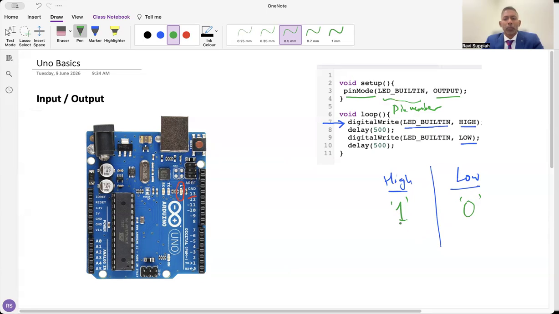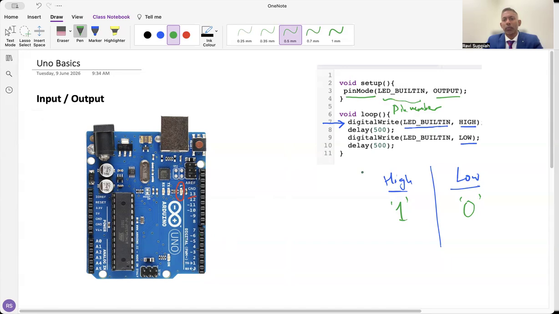When we say that we are driving a pin high, that means effectively a voltage will appear. If I connect a multimeter to that pin, I will measure a voltage. Exactly what the voltage is depends on the operating voltage of the microcontroller you are using. For the Arduino Uno R3 board, the operating voltage for the microcontroller is 5 volts.